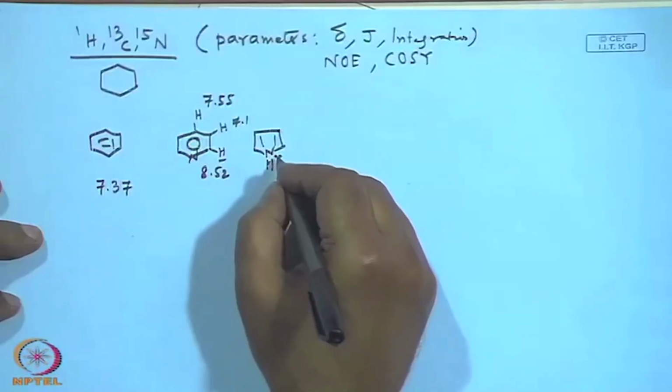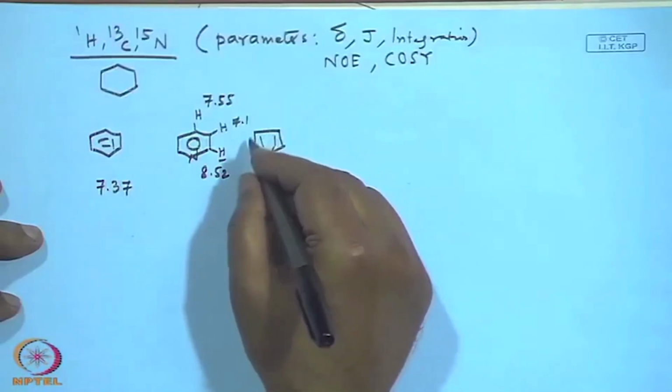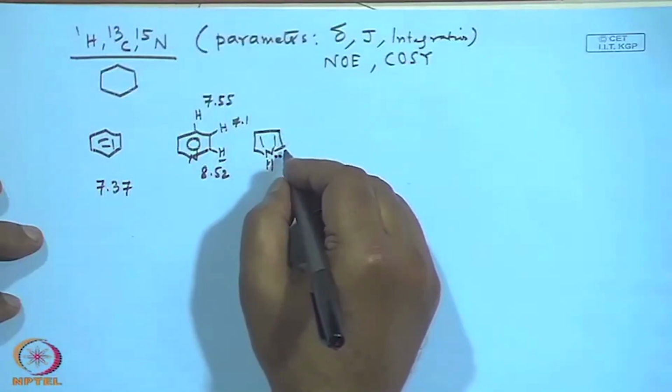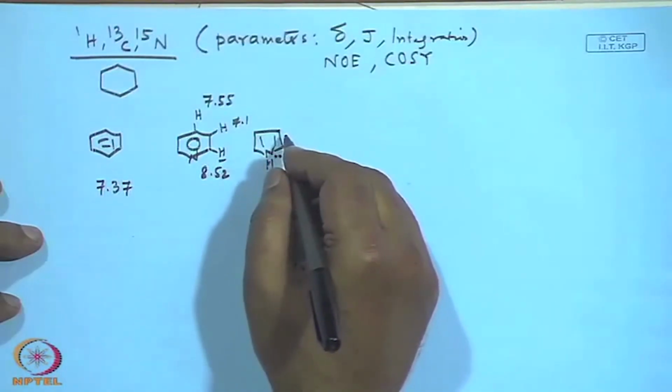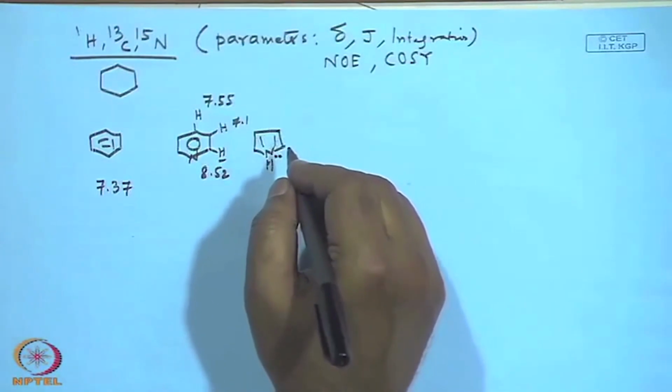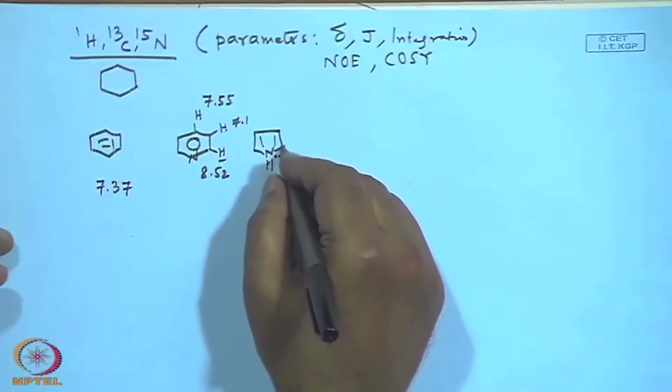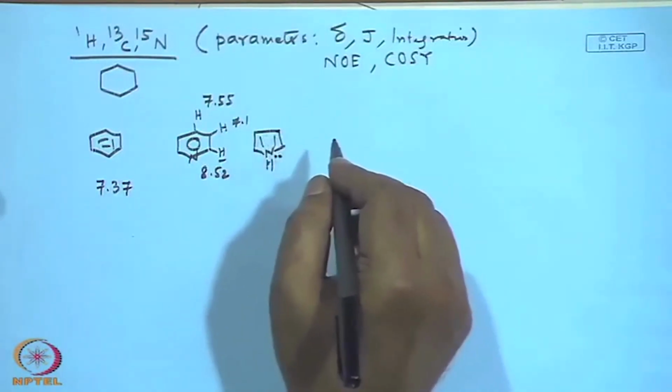We know that the lone pair of electrons is delocalized and shared by all the carbon atoms, that means 2 electrons divided by 5 atoms. So, 2 by 5th electron densities are around. That means electron density has increased. So, the chemical shift should be right, upfield, that is all.